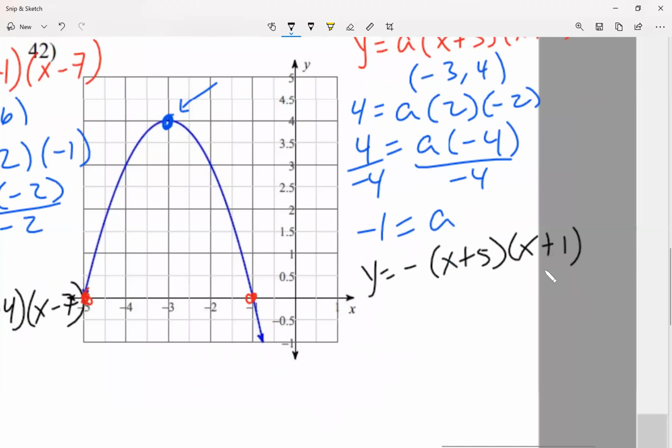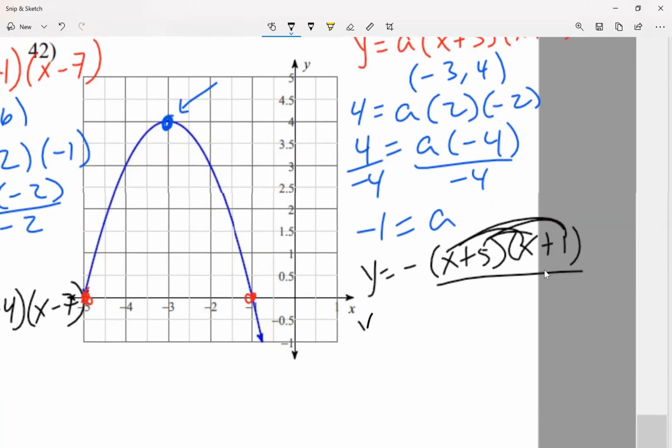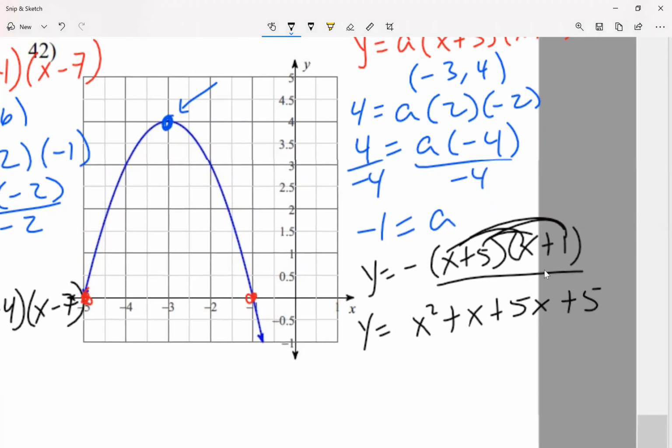I'm writing the standard form. So what I'm going to do is get rid of parentheses, distribute the x, and then distribute the 5. So I get that y equals x squared plus 1x plus 5x plus 5. My next step, I'm going to use my aperture. It's a negative 1.